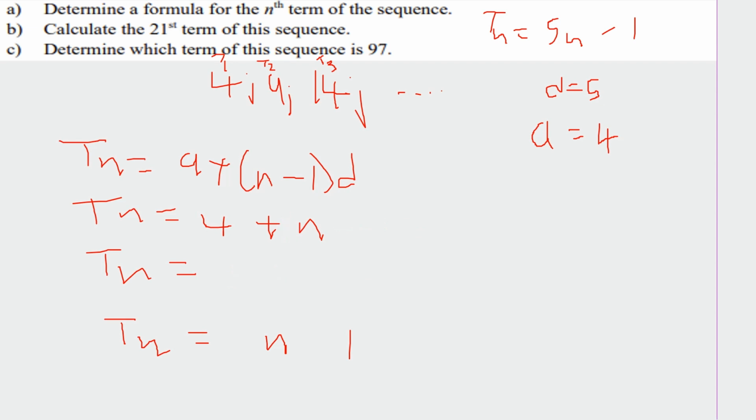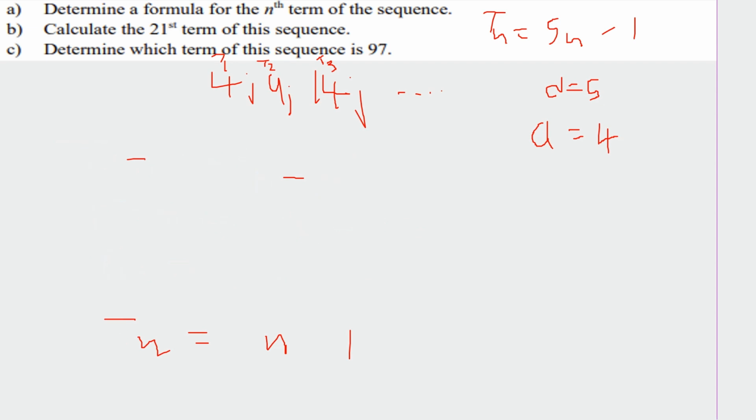So now let's move to the second question. The second question says: calculate the 21st term of the sequence. So now they wanted the value of the 21st term of the sequence.